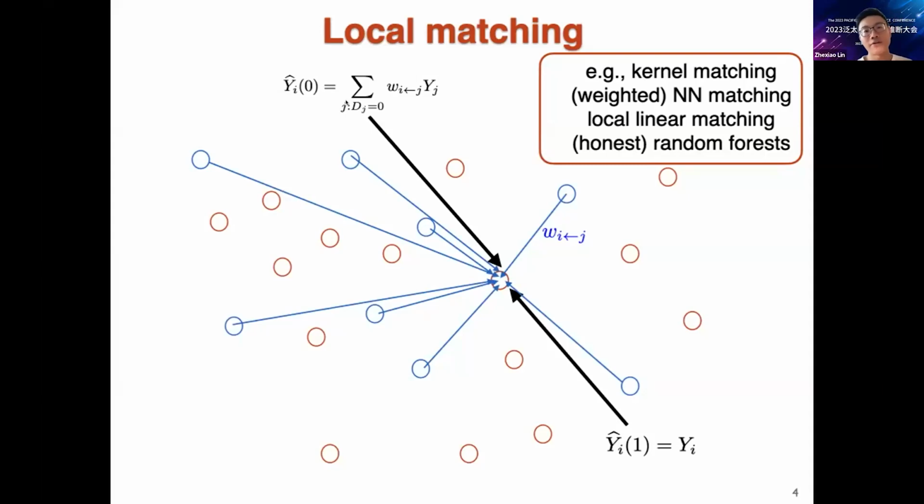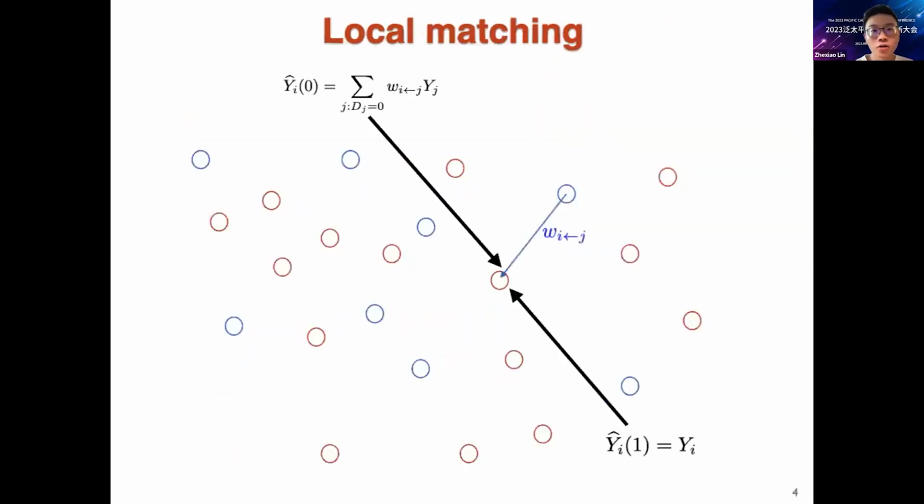Also, we can consider very complicated non-parametric regression estimators like random forest to impute the counterfactual outcome. For each unit j from the opposite group, we use wj2i to represent the contribution of unit j to unit i when estimating the counterfactual outcome of unit i.